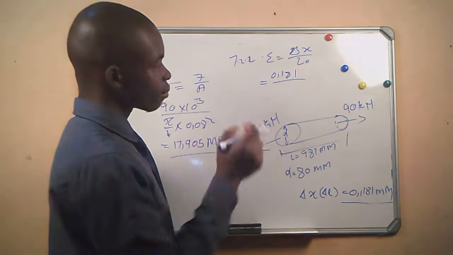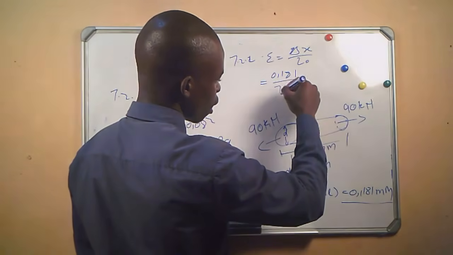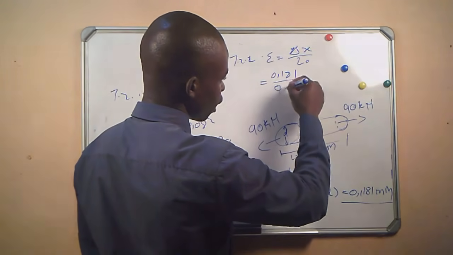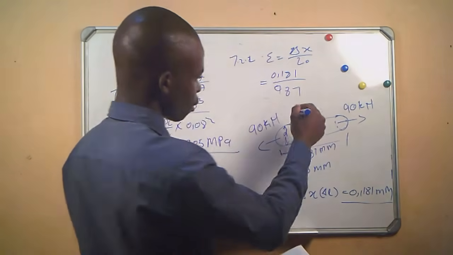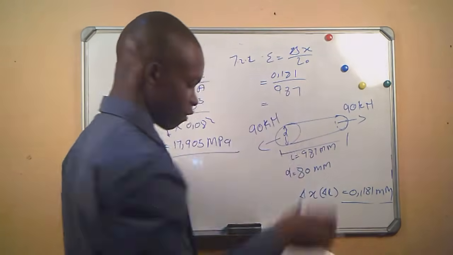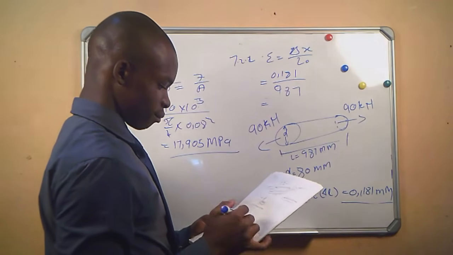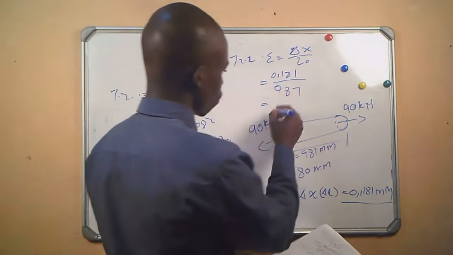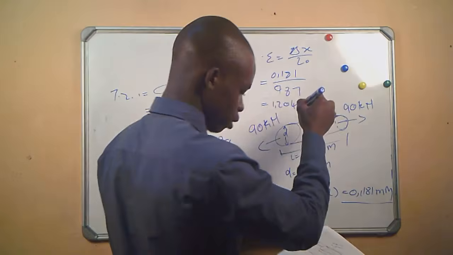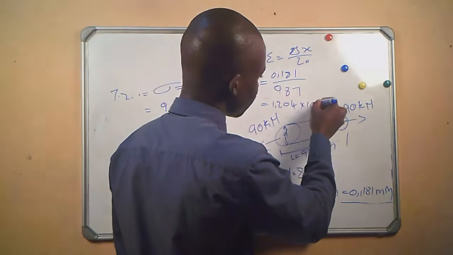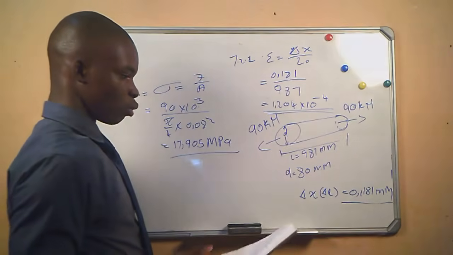The original length is 987, which will give us a strain of 1.204 times 10 to the power negative 4. This is number 2, which is the strain.